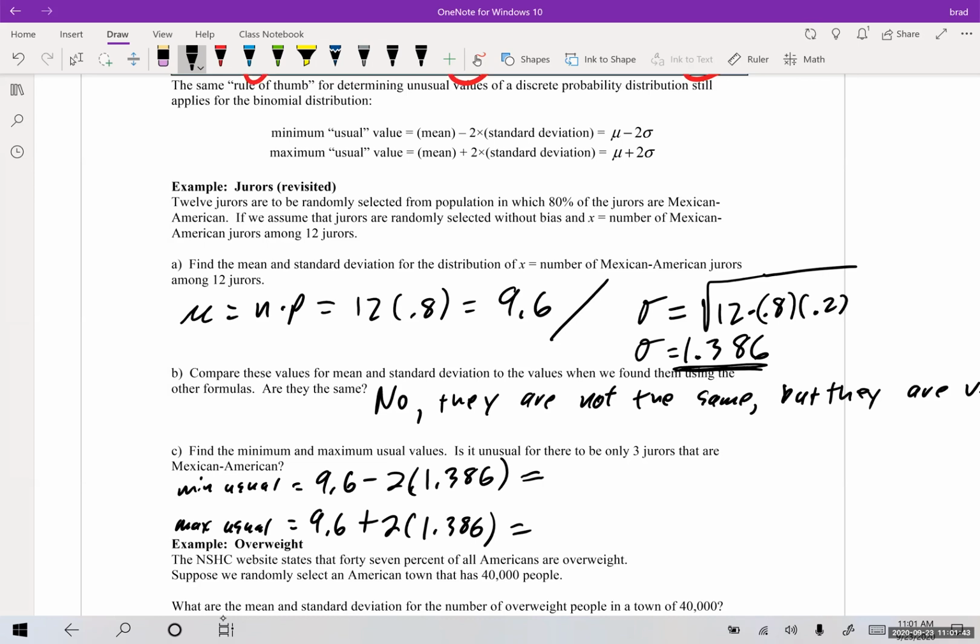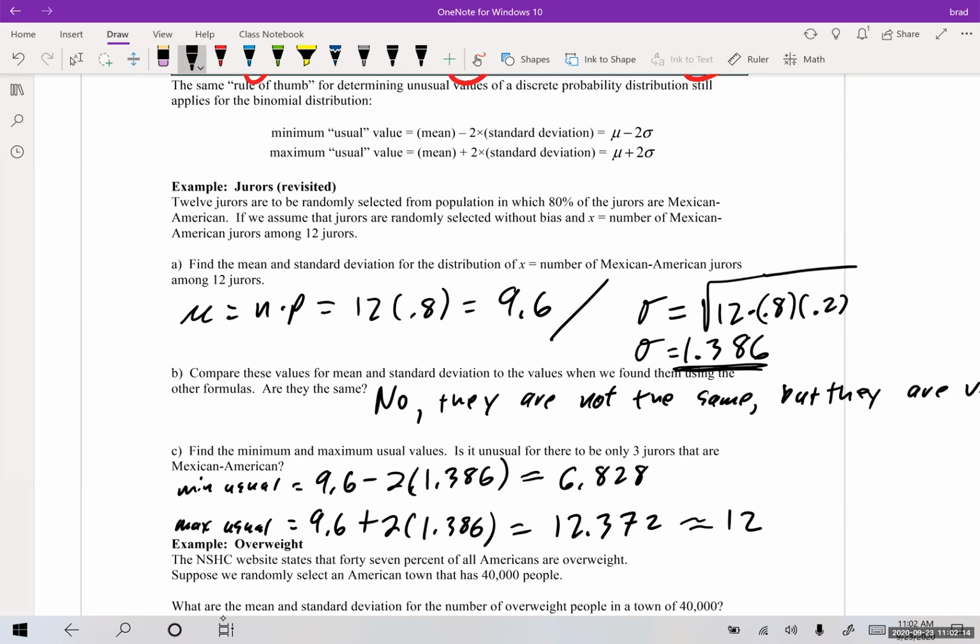When I enter 9.6 minus 2 times 1.386, I get 6.828. So that's the minimum value, so close to 6 or 7 jurors that are Mexican American. And 9.6 plus 2 times 1.386 should be 12.372, okay? So this is basically approximately 12, because you can't have 12.3.